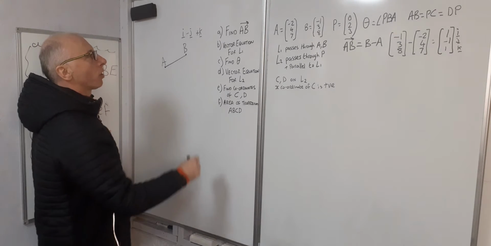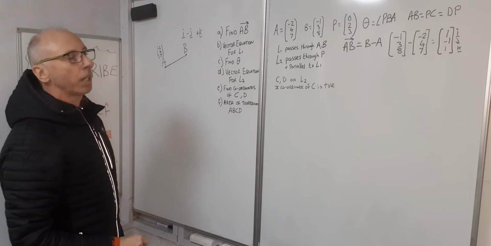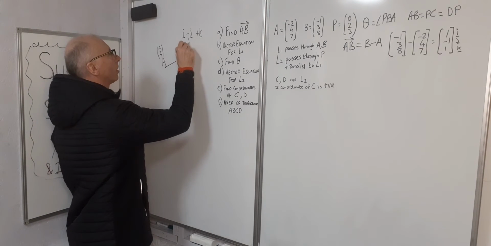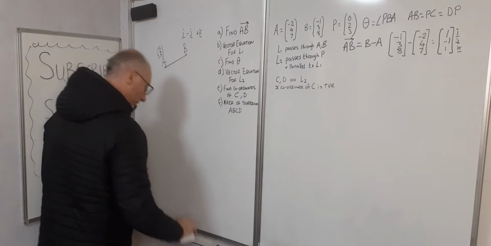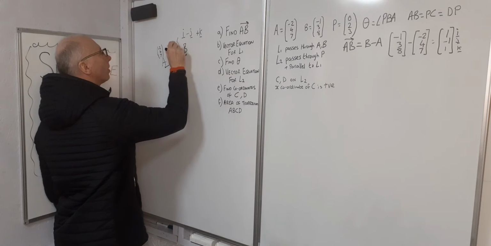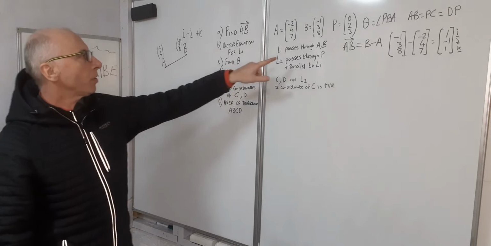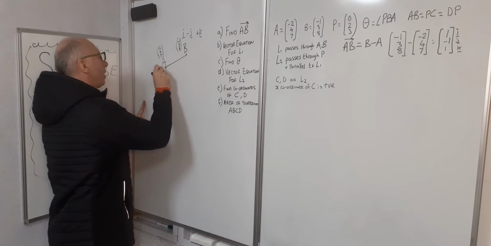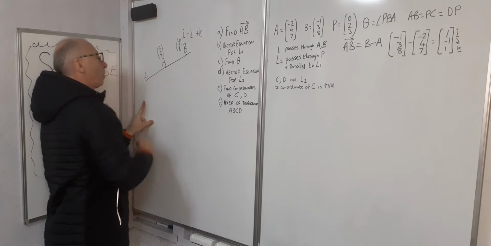And A is -2, 4, 7, and B is -1, 3 and 8. So there's what we got so far. And L1 will pass through AB, so we could call this line here L1.